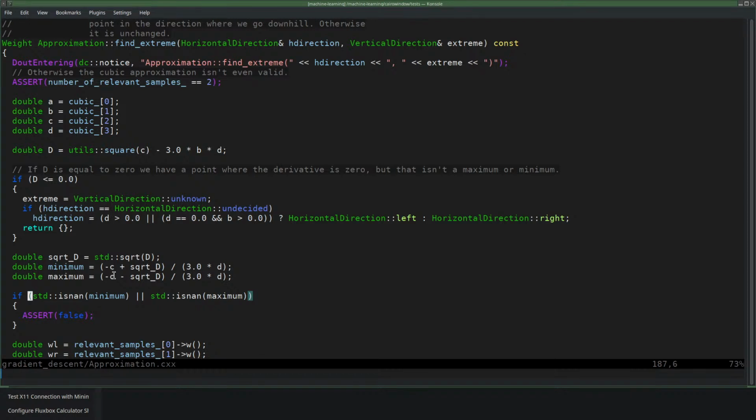Yeah, I think that's a very good way to test it. If the value of the square root of d is close to the absolute value of c itself, that means you would have a very small difference here. So then the floating point round off is going to be significant.